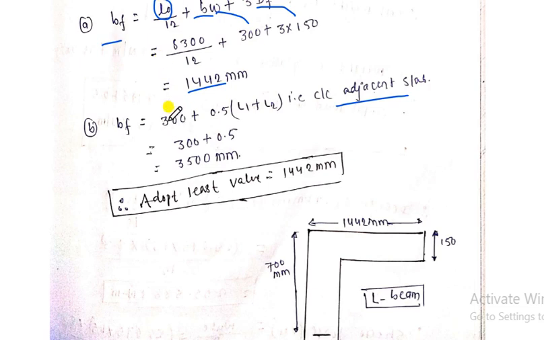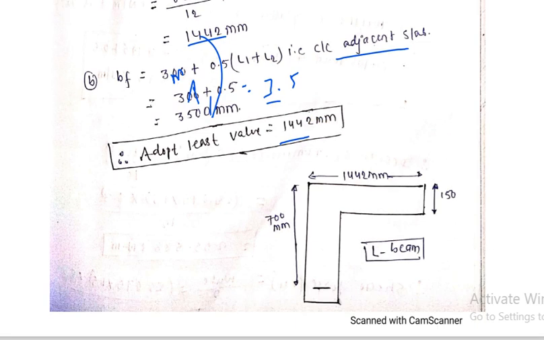It is given as 3 meters in the question. It is given 3 meters, the spacing, right? So 3 meters plus 0.5 means 3.5. When you convert 3.5 into mm, it will give 3500. So from these two, we have to take the smallest or the least value. So 1442 will be the effective width of flange.